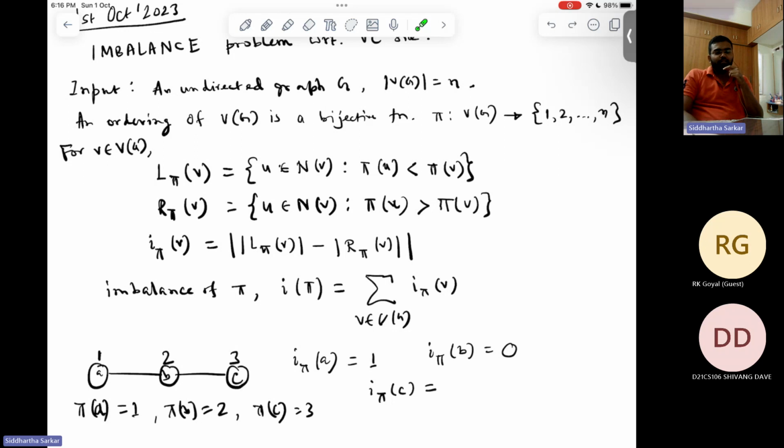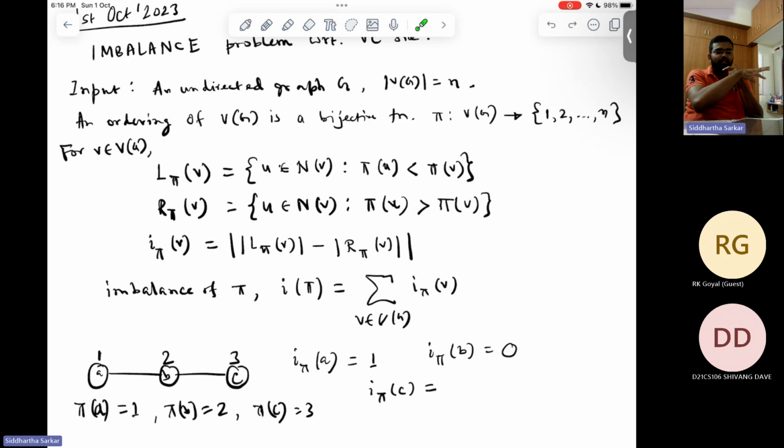But depending on the application, what you said is a distinct possibility that for some application we may need to consider the difference in the absolute labels instead of the count of the vertices. I mean, the imbalance should be counted as the difference in the labels of the vertices on two sides.